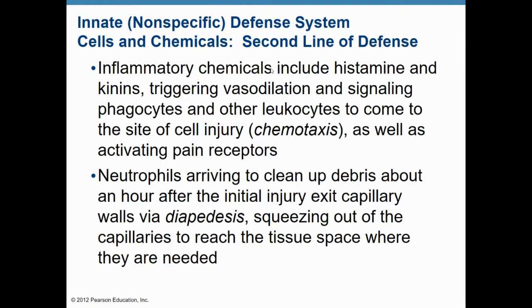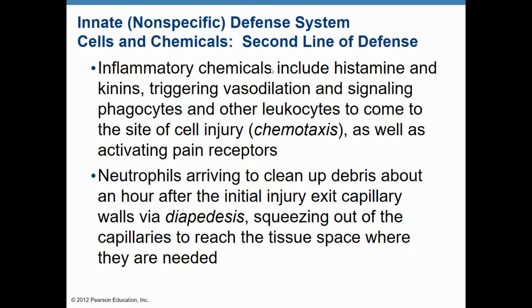That's called chemotaxis. So our white blood cells are going to follow a chemical trail, just like a bloodhound can follow a scent, right? The white blood cells are following this trail of inflammatory chemicals so that they know where to go, where this injury to the tissues has taken place. Those chemicals are also going to activate pain receptors, and that's the pain that we feel.